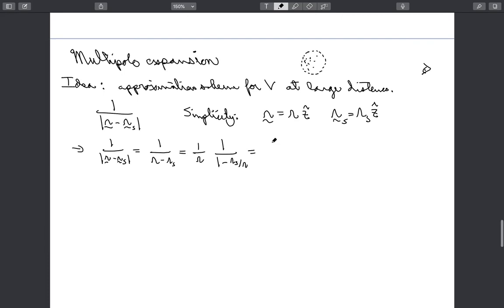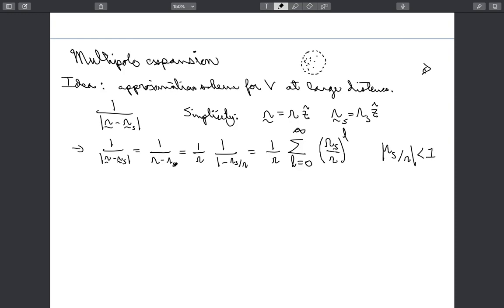Sorry. And what do I get? I get 1 over r, the sum from L equal to 0 to infinity, of just (rs over r) to the power L. Okay, so here we assume that the absolute value of rs over r is less than 1. Okay, so the series converges.